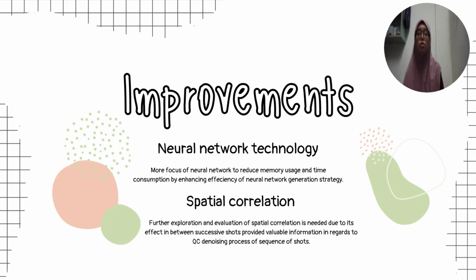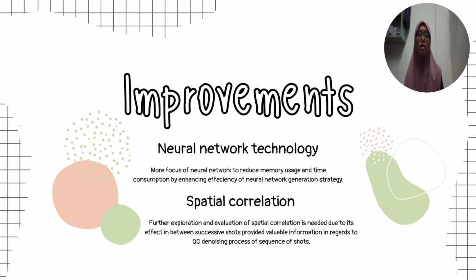So, what improvements can be made for this research? I think firstly is in regards to neural network technology, since there was an issue with computer usage, especially when dealing with large data sets of seismic data. Perhaps they could make more efficient use of neural network generation strategy so that they can reduce the memory usage and time consumption.